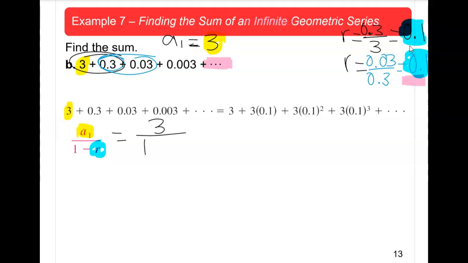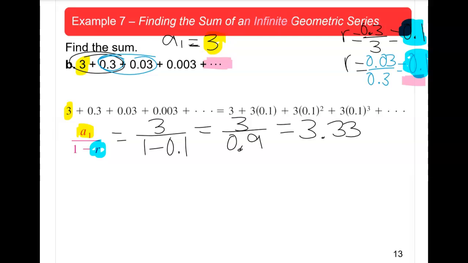So it will be 1 minus 0.1. And this will be 3 over 1 minus 0.1, which is 3 over 0.9, and this will be equal to 3.33.